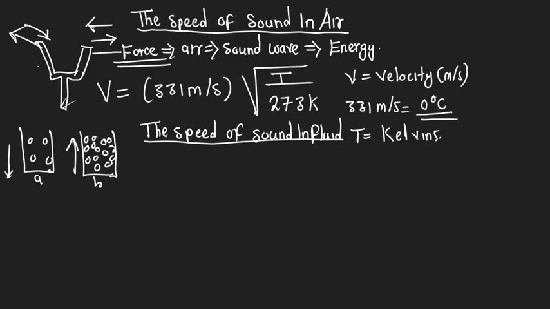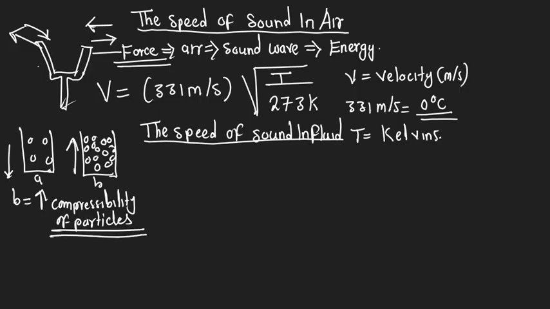Why? Because B has a very high compressibility of particles. The particles are too compressed. Because of that, sound is going to travel at a very high speed.